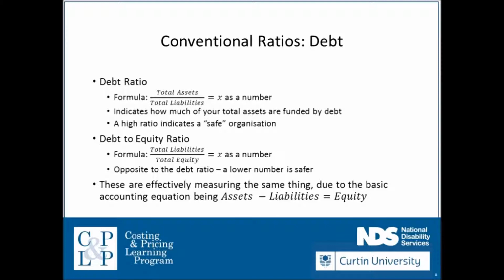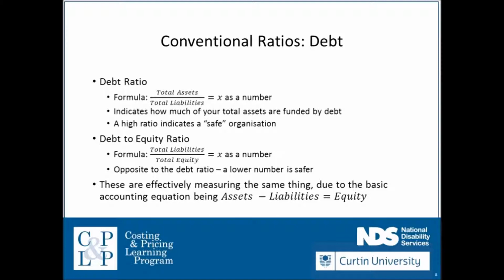So a high debt ratio indicates a safe organisation in the sense that you have more assets than liabilities, and should push come to shove, you would be able to realise those assets in order to extinguish your liabilities. Now, there's a couple of problems here. The first is, how do you actually value the assets?